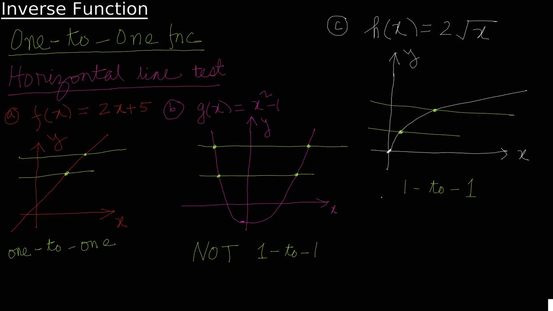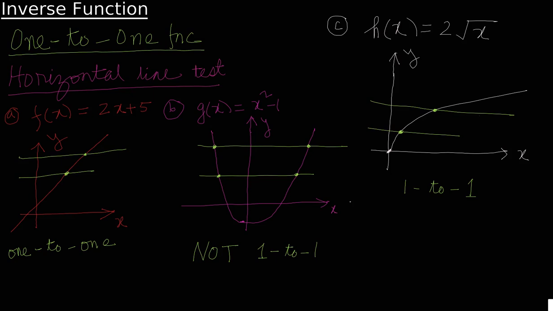Now why do we try to learn one-to-one functions? Because I can find the inverse of a function only if that function is a one-to-one function. So what is the conclusion I can write?